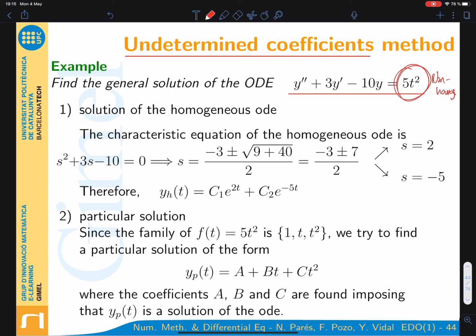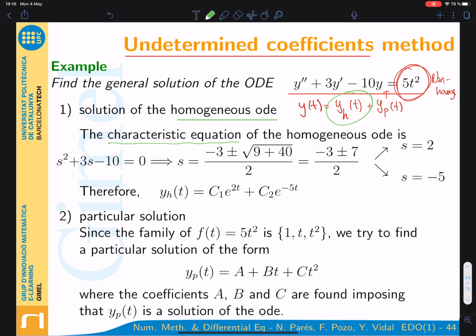Remember that yt, the general solution of this ODE, is the sum of the general solution of the homogeneous case plus a particular solution of this non-homogeneous ODE. It's very easy to find the homogeneous part.